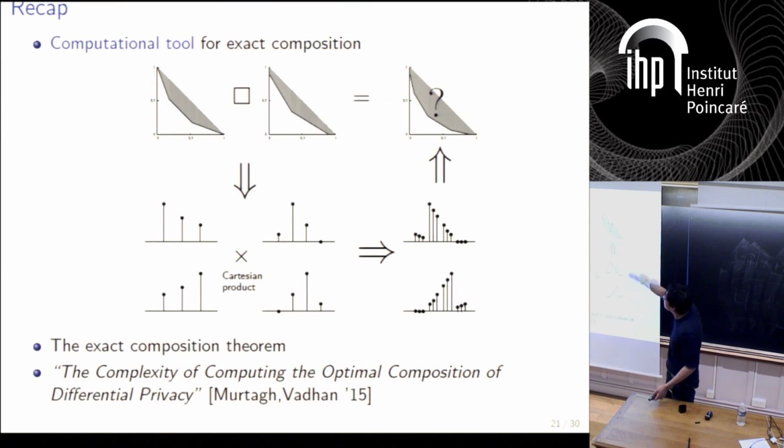Right, so we give a computational tool for composing as many as you want, such privacy guarantees that are defined by the region. And we give the composition theorem. And one advertisement is that Sullivan has done a different aspect on this problem where they look at the actual computational complexity of computing the regions that we give.